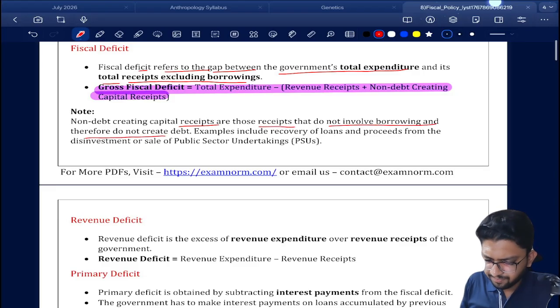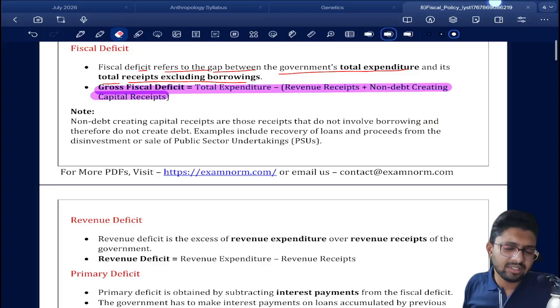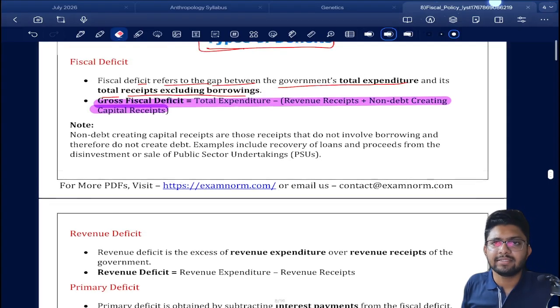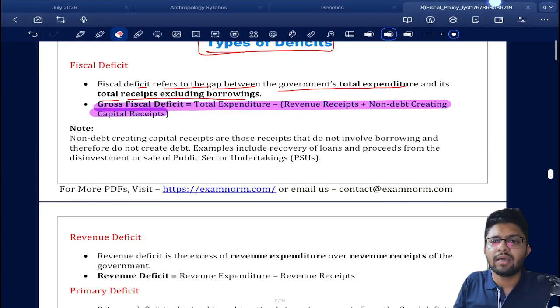Just remember fiscal deficit as a deficit in monetary value, where the spending is more than the value of money that we are earning. That means we are in loss.